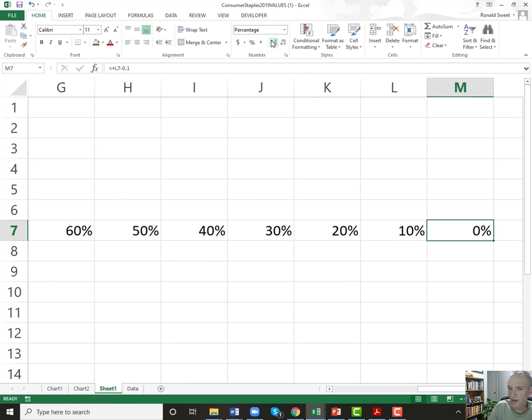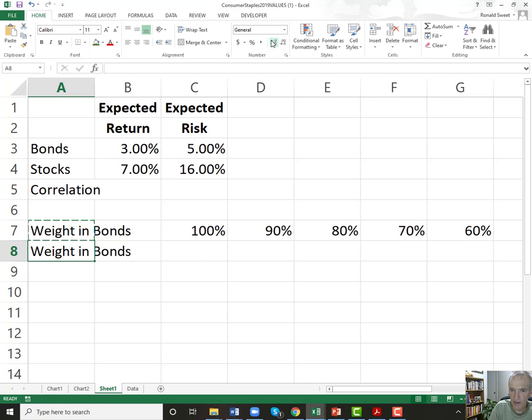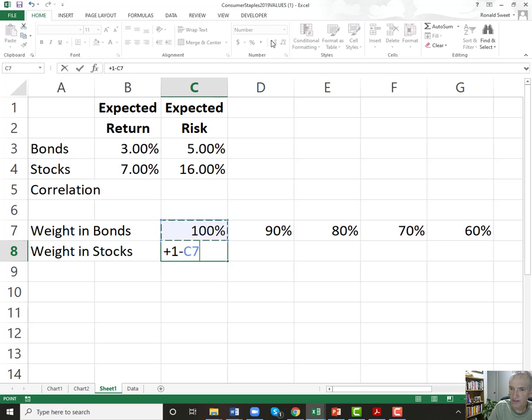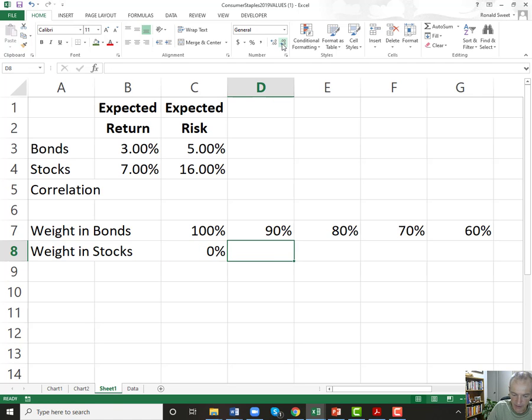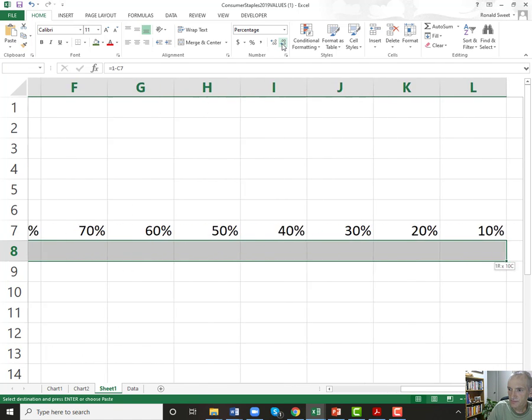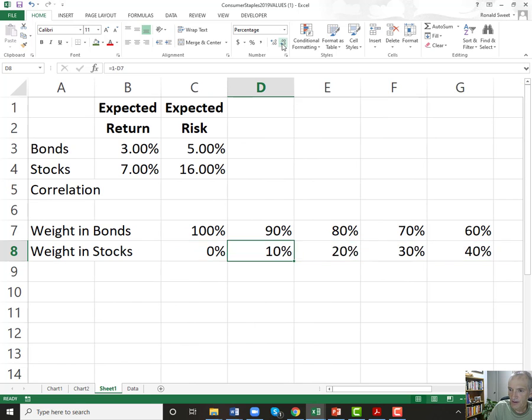So we go all the way from 100% down to 0. And then we have our weight in stocks. Well, obviously that's going to be 1 minus the weight in bonds. So if bonds are 100%, stocks are 0%. And we can just copy that across. So from 0 up to 100.